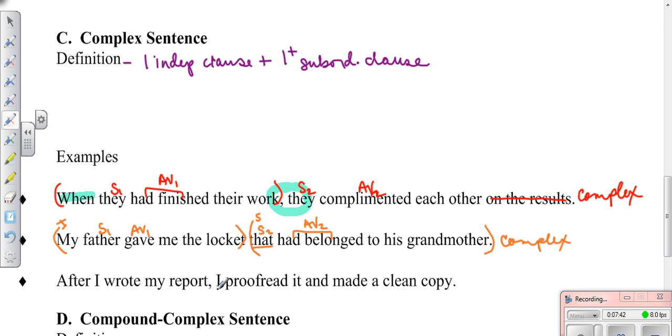After I wrote my report, I proofread it and made a clean copy. So wrote, action verb. Who or what wrote? I did. Report is my direct object. Comma. That's a clue. After is a clue. Proofread, action verb.